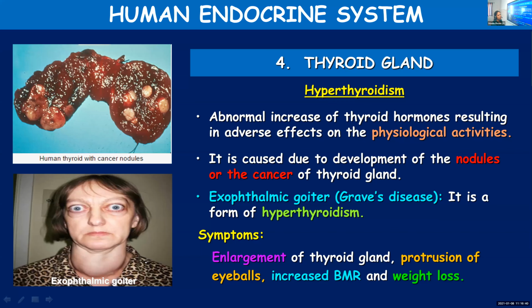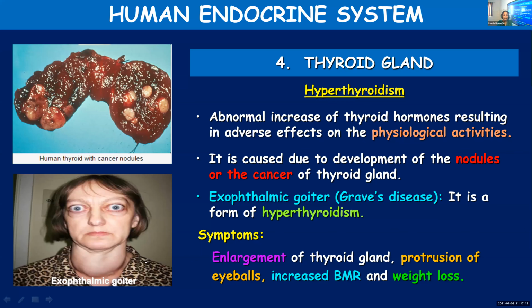And in exophthalmic goiter also you notice weight loss, then protrusion of eyeballs, increased basal metabolic rate, enlargement of thyroid gland. These are the symptoms of exophthalmic goiter. Once again, hyperthyroidism is caused by the abnormal increase in the thyroid hormones, and when it happens, it can disturb the normal physiological activities.